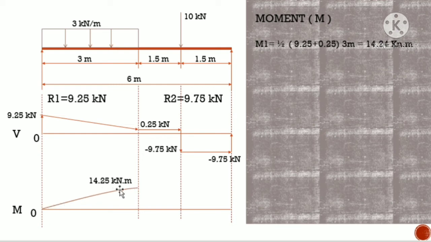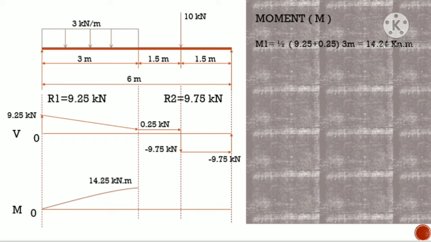So, tawagin na natin siyang second degree. Okay? First degree, second degree. May konting curve lang siya. That is 14.25 kilonewton meter. Yan, that is our M1.